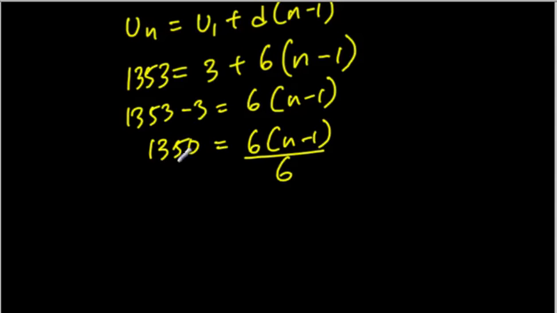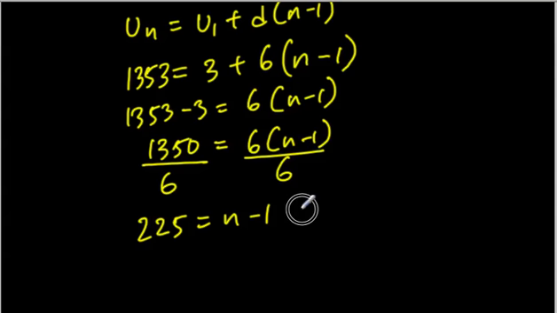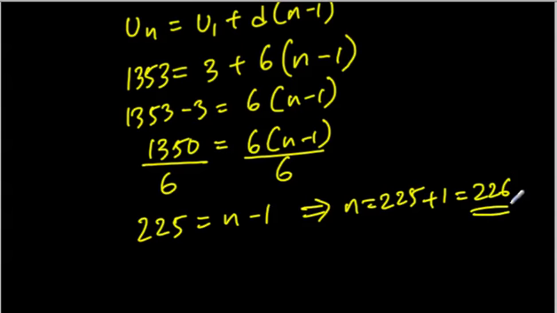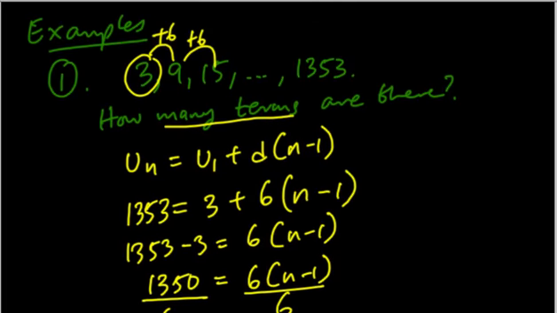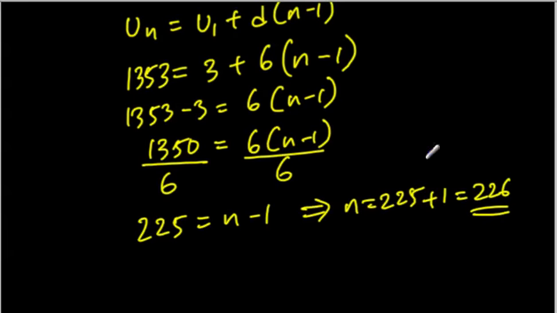Divide by 6 on both sides, and we get 225 is equal to n minus 1. If I solve this, n equals 225 plus 1, which is equal to 226. In other words, if we start from 3 and end at 1353, we have a total of 226 terms.